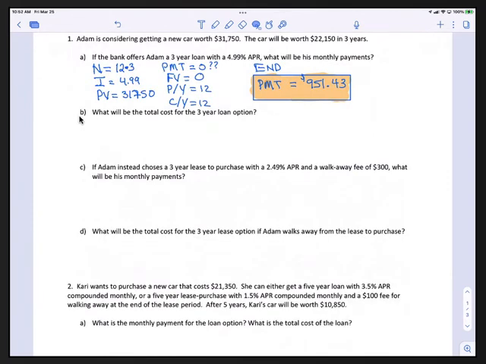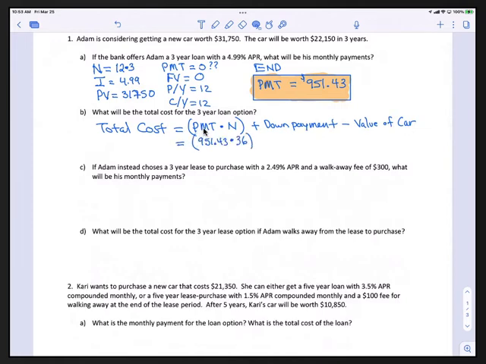All right, question B. What will be the total cost for the 3-year loan option? Now there is a formula for this. The total cost is the payment times the number of payments, so payment times N, plus your down payment, and then minus the value of the car at the end of the loan.